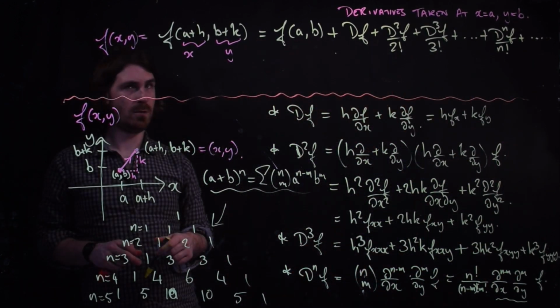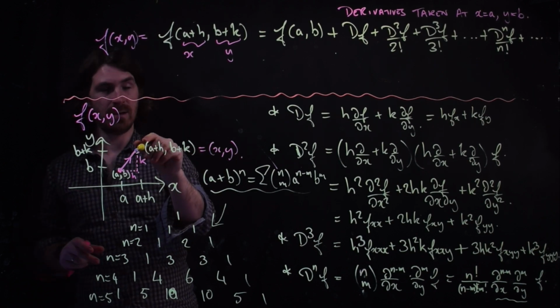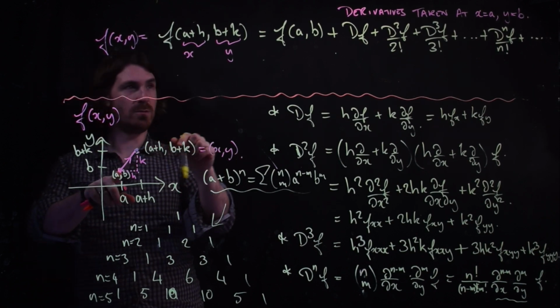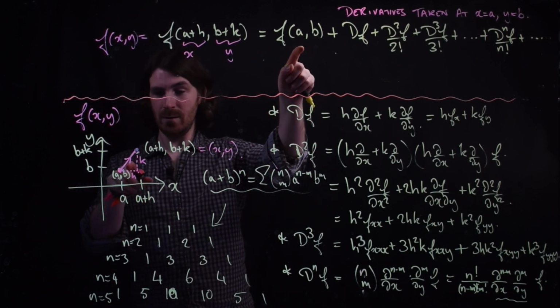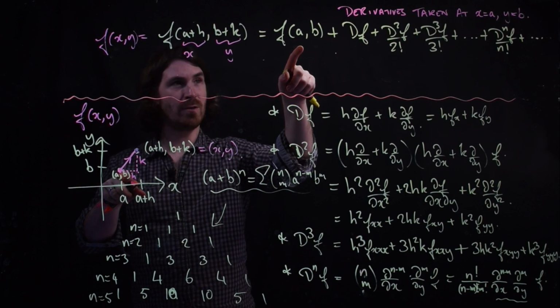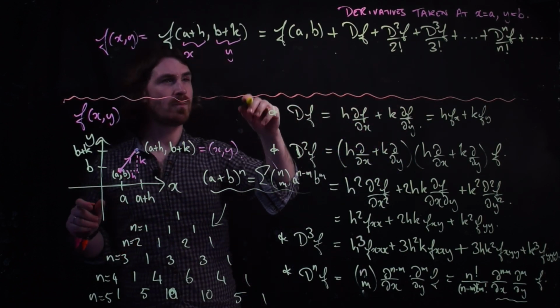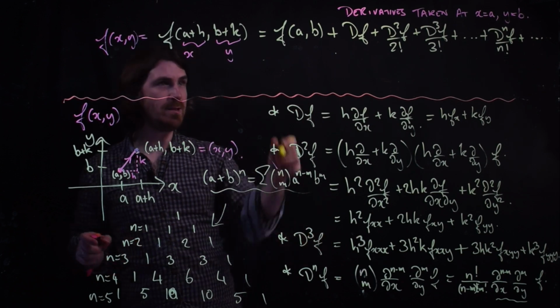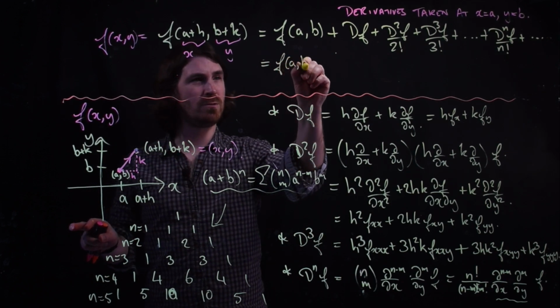Okay, so what we're saying is that our function at xy can be related to our function at point ab, by taking the value of the function at ab and adding these derivative terms. And written explicitly, we find that the derivative terms are as follows.